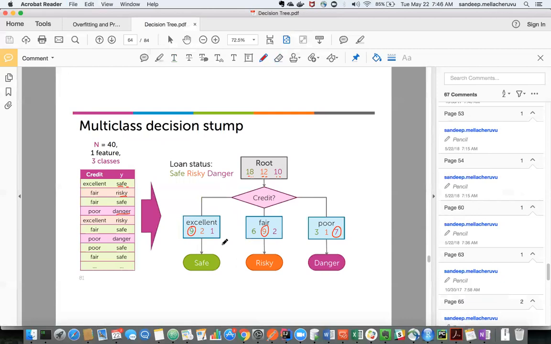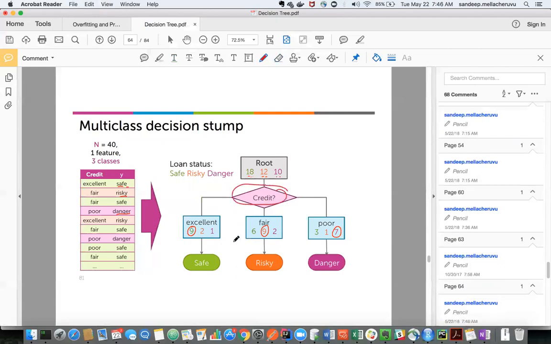Now, for multi-class, how do you define the decision stumps and all those things? A decision stump is almost the same. Is the credit excellent, fair, or poor? Is it one of them? But when you are calculating the number of elements, now instead of 2 numbers, you get 3 numbers. One is safe, another is risky, another is danger.